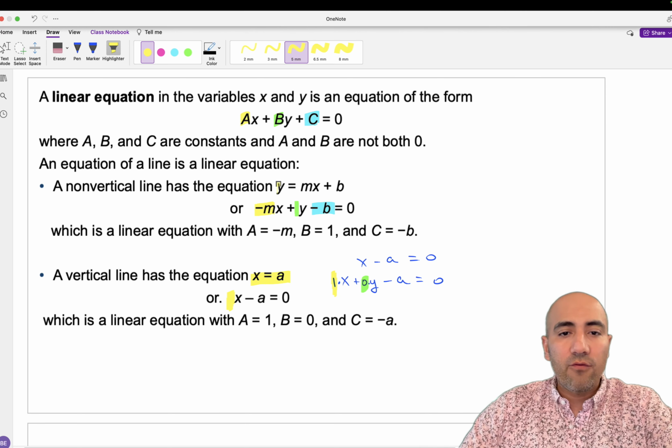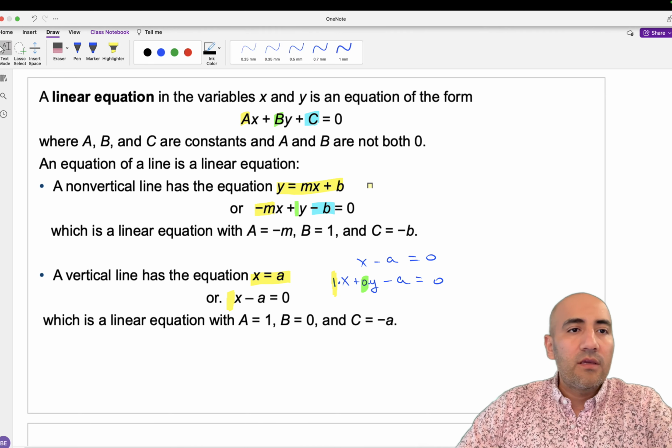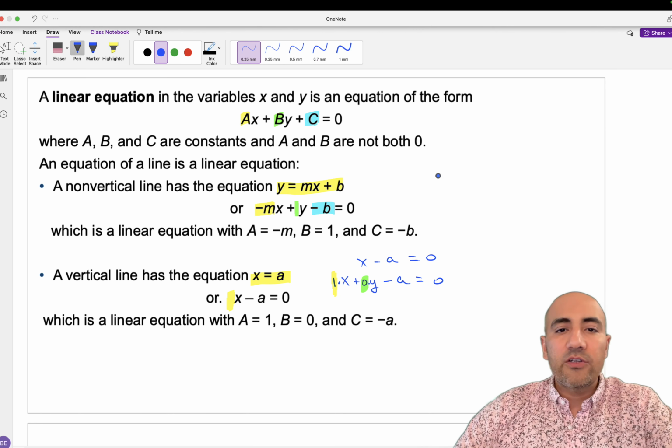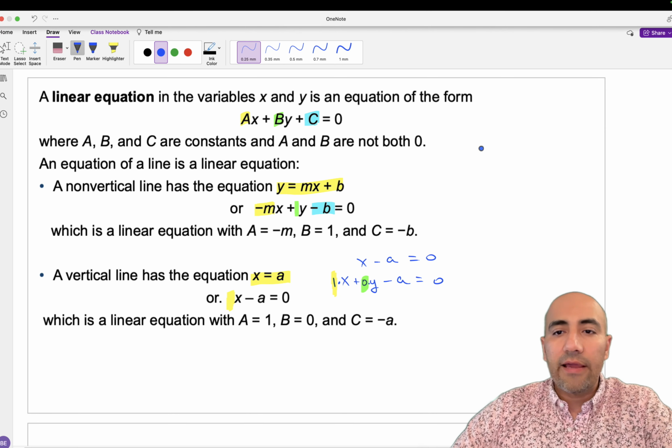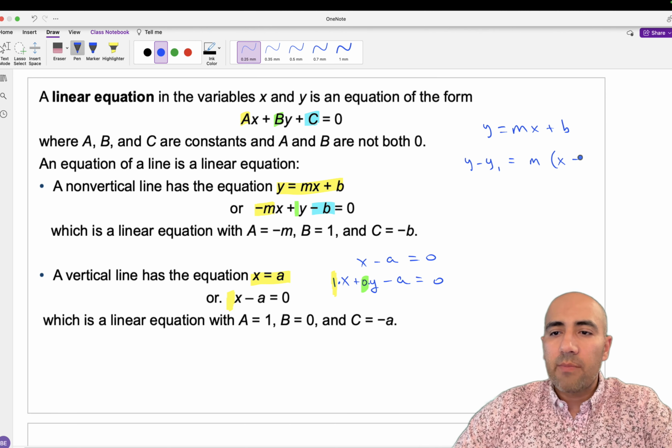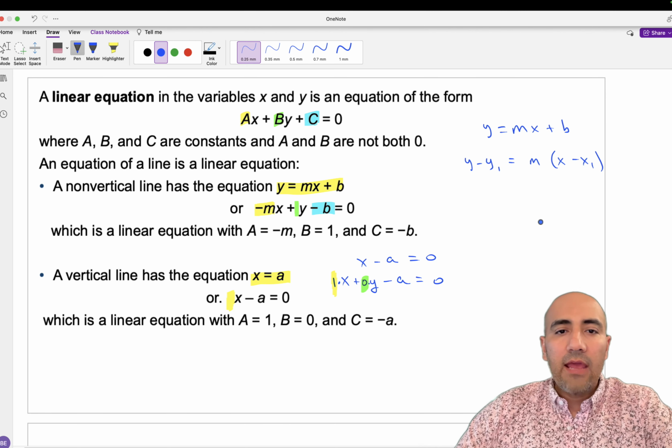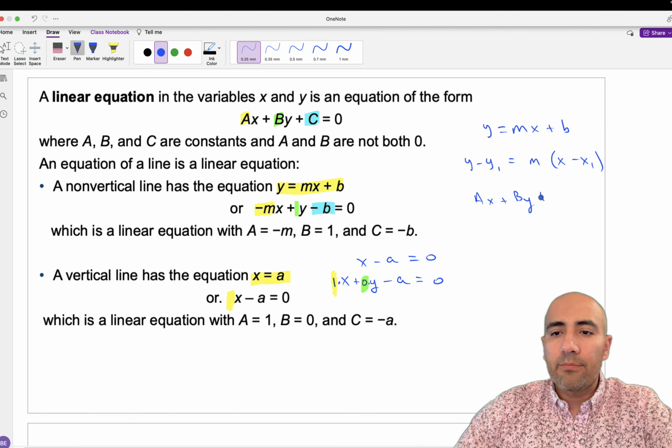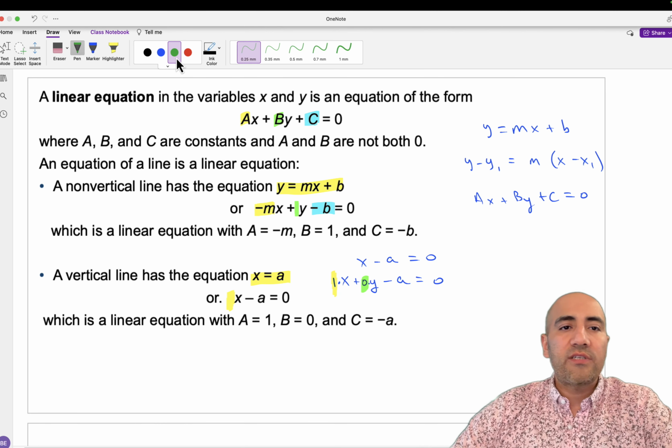Same thing with the form y equals mx plus b. So we have 3 different ways in which we can represent the equation of a line. We have y equals mx plus b, my personal favorite. We also have y minus y sub 1 equals m times x minus x sub 1. And we also have ax plus by plus c equals 0. Three different ways to represent the line.